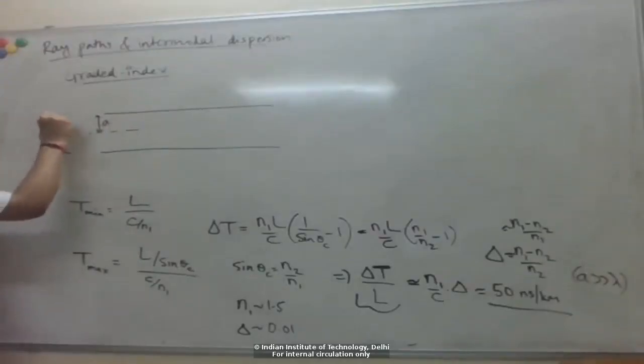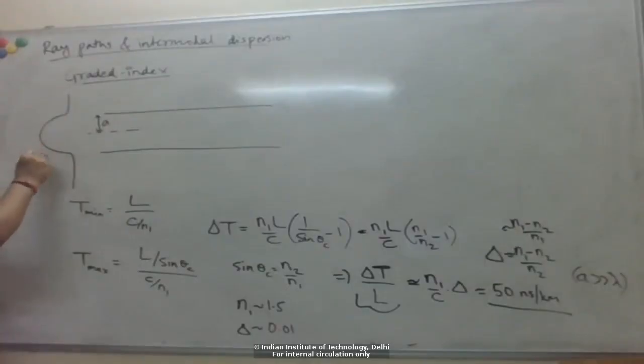Maybe it looks like that. This n is now a continuous function of r if it's a fiber, or of a Cartesian coordinate if it's a planar slab. So this is some continuous function now. The refractive index is graded, so that's why it's called a graded index fiber or waveguide.